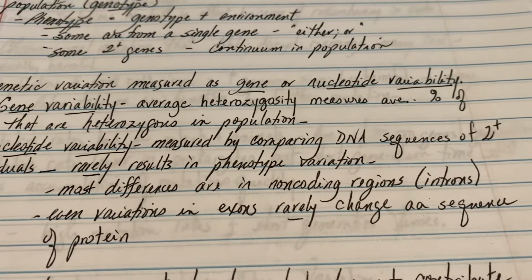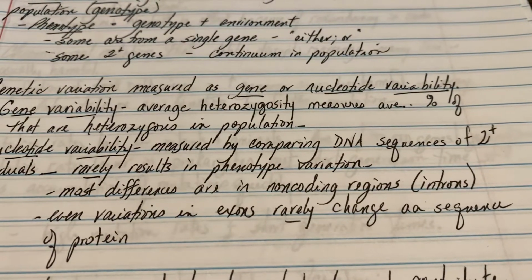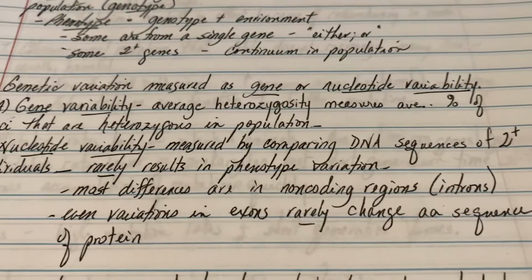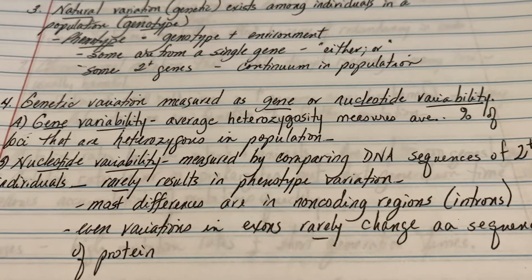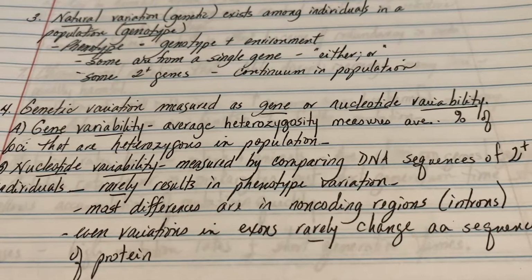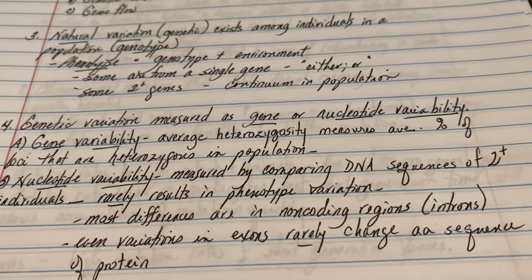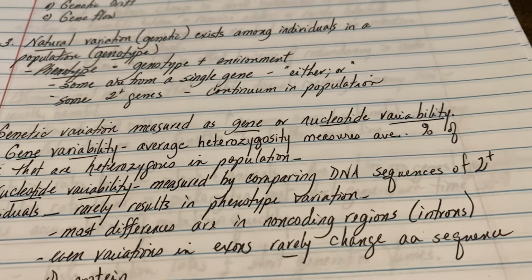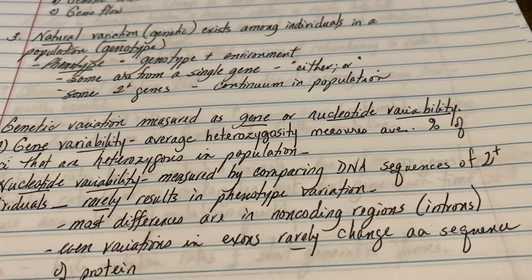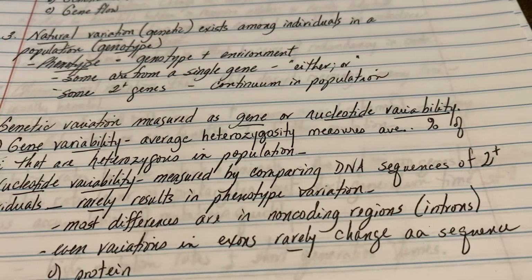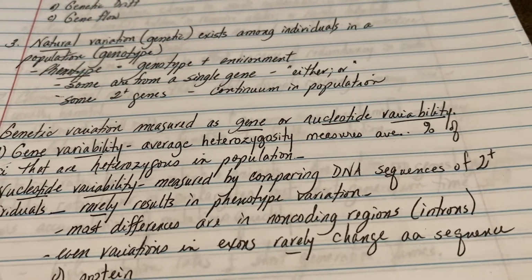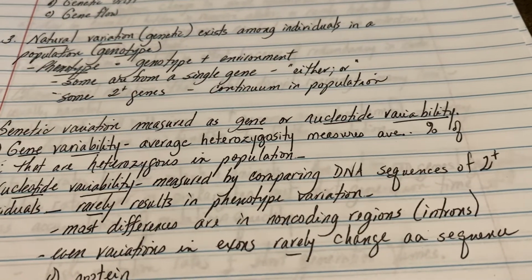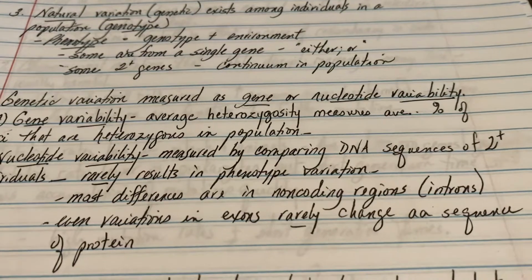If you go back to the protein synthesis sheet and look at that final page where you can see what messenger RNA codes for what amino acid, you'll notice that there's a lot of similarity in the codons that code for a single amino acid. So you may have the first two letters being the same, with the only difference being that third letter. So it takes a lot of genetic change to actually change the amino acid.